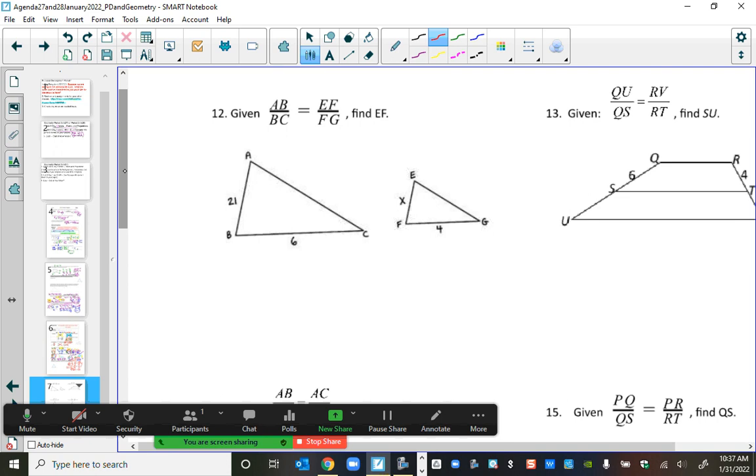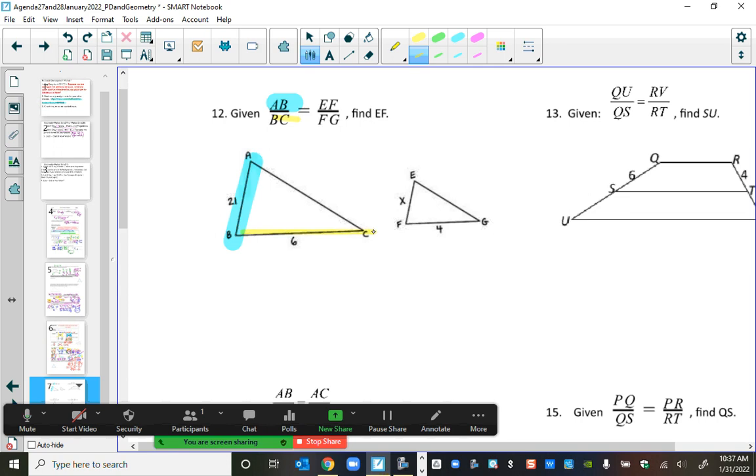Because what is AB? We found, look at our triangle. The side that is 21 is AB. We're going to use that diagram. And then BC is going to be 6.